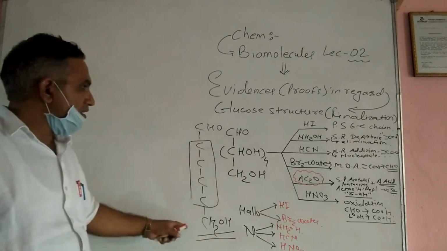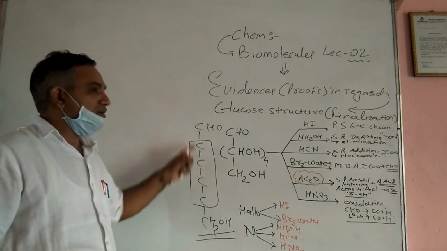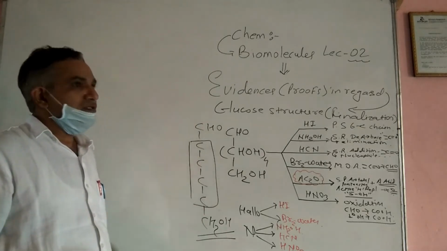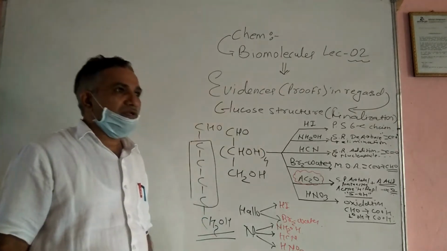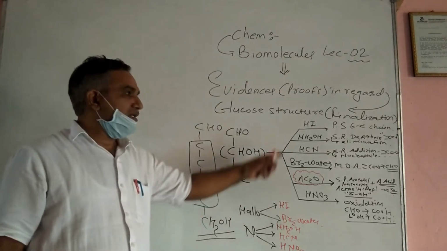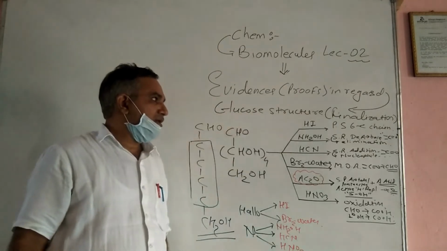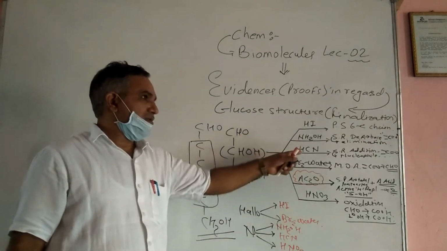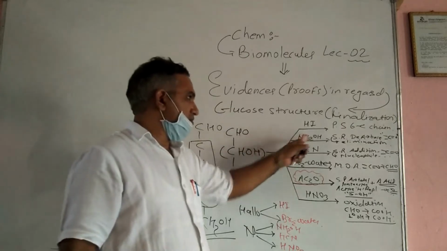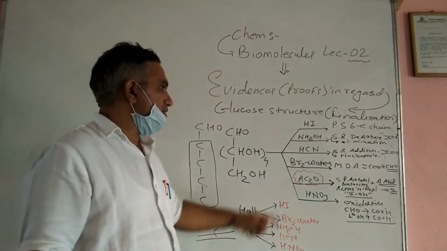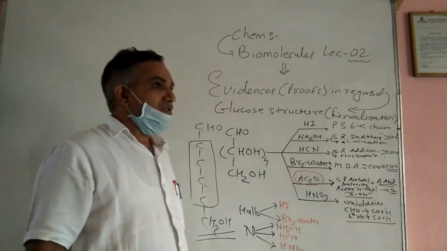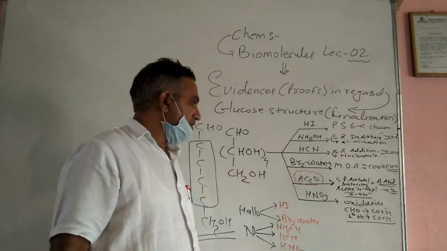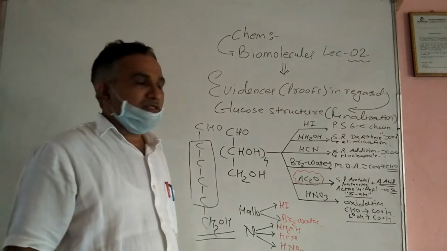So we want to check whether it is true or not, and for that purpose we have to use different types of chemical reagents in the laboratory, like hydrogen iodide, then hydroxylamine, then hydrogen cyanide, then bromine water, then acetic anhydride as well as nitric acid.